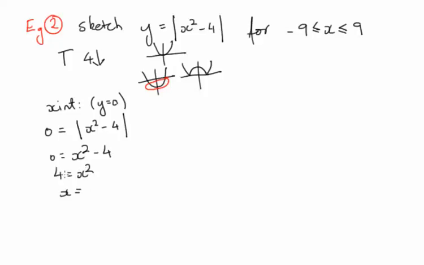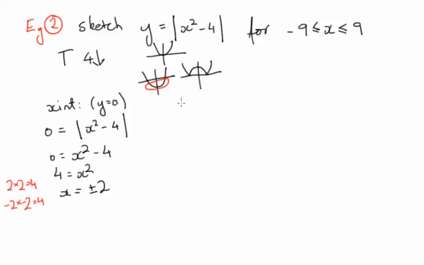X equals, watch out, what's the square root of 4? It's plus minus 2. Because, yeah, 2 times 2 is 4, but minus 2 times minus 2 is 4. So we've got two answers for this, plus minus 2, which makes sense because you've got the minus 2 value here and the plus 2 value here.